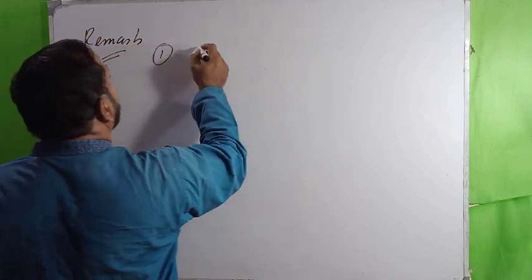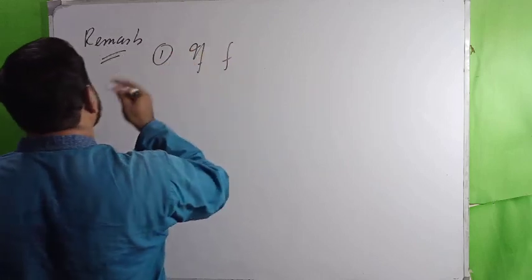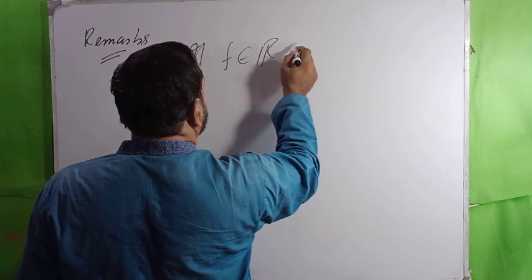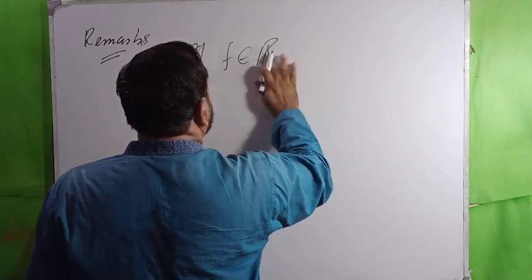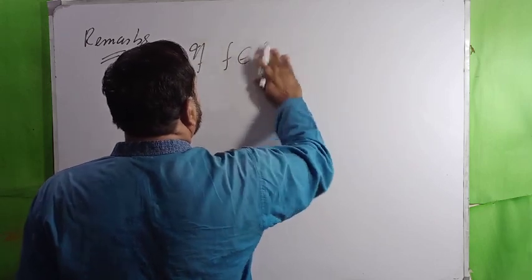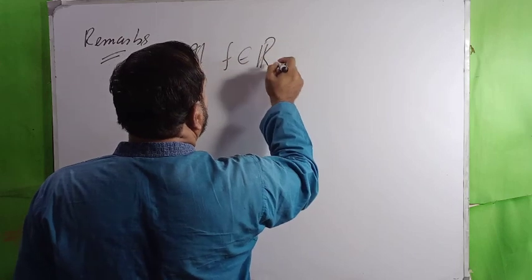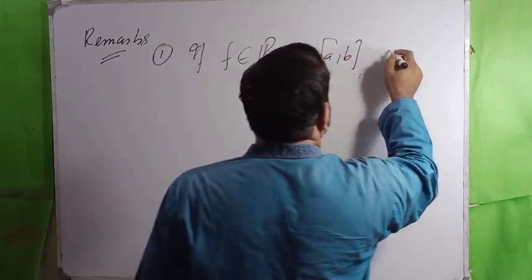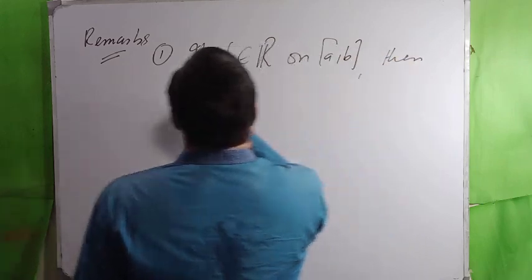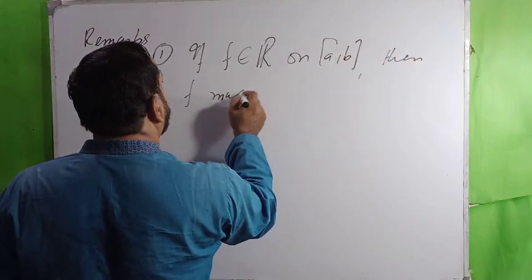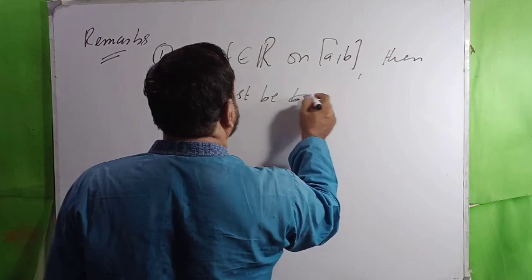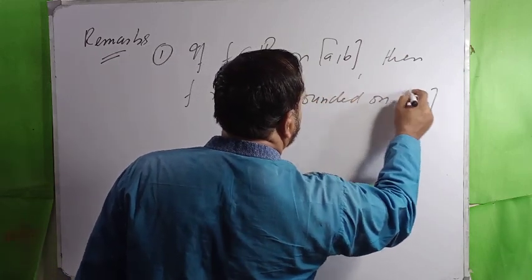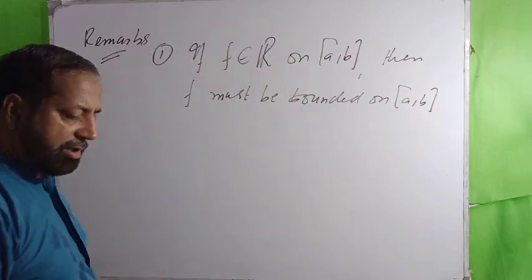Number one, if f belongs to R on [a,b], then f must be bounded on [a,b]. Okay, this is the necessary condition.